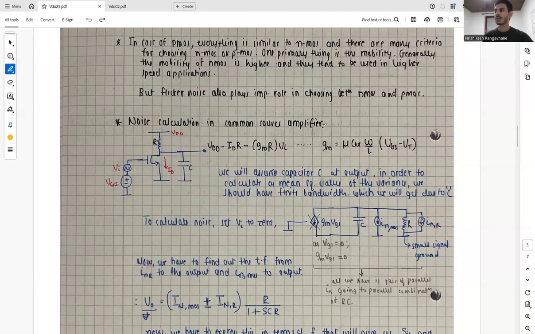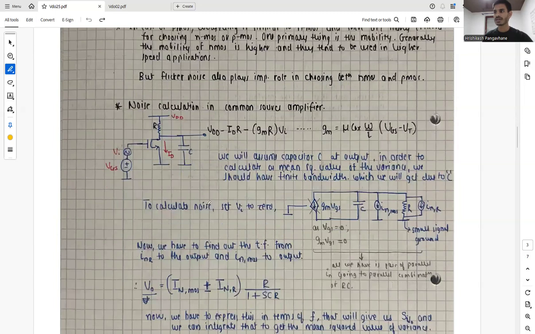Now we will assume a capacitor C at the output. For the sake of calculating the mean square value of the variance, we should have a finite bandwidth, and that bandwidth will be provided by this C.